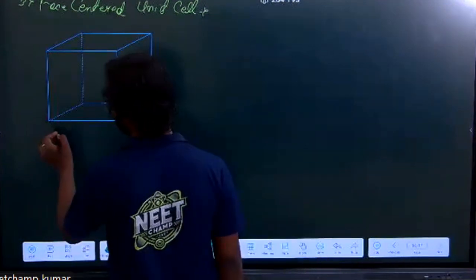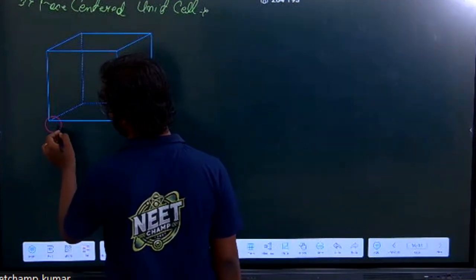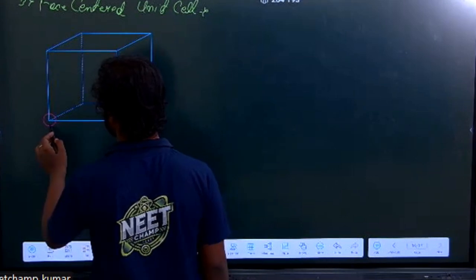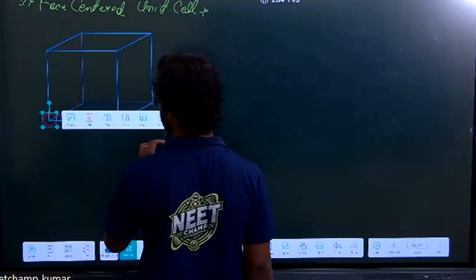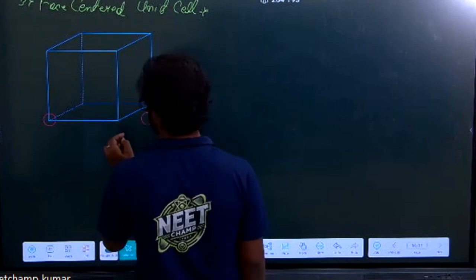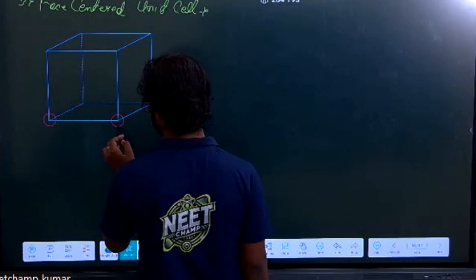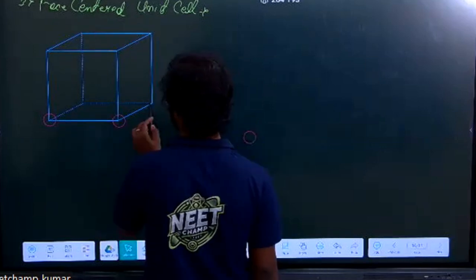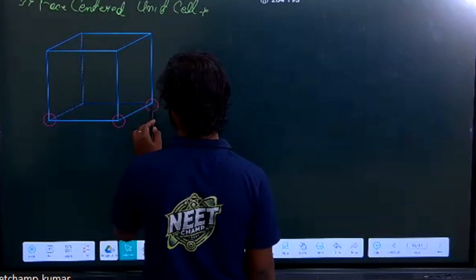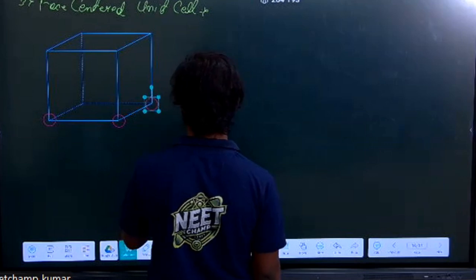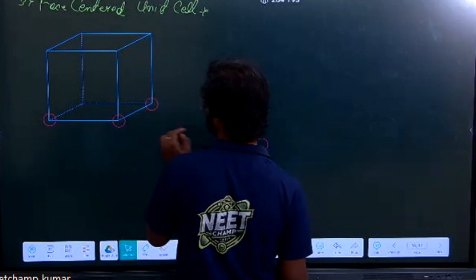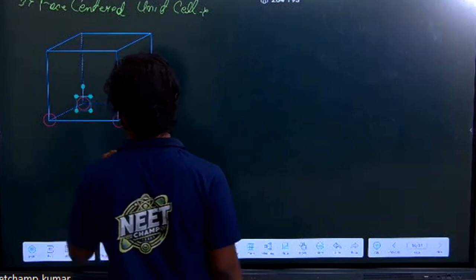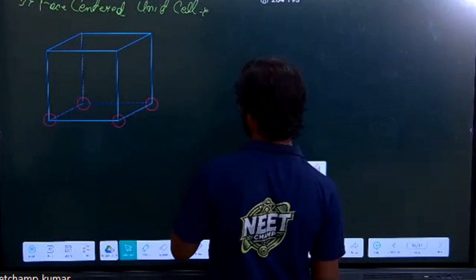So the same atoms will be present at the corners as earlier. I'm drawing it small because I have to draw a lot of atoms. There will be atoms at the corners as present earlier also, but there will be a slight difference. Let me tell you what the difference is once I complete it.